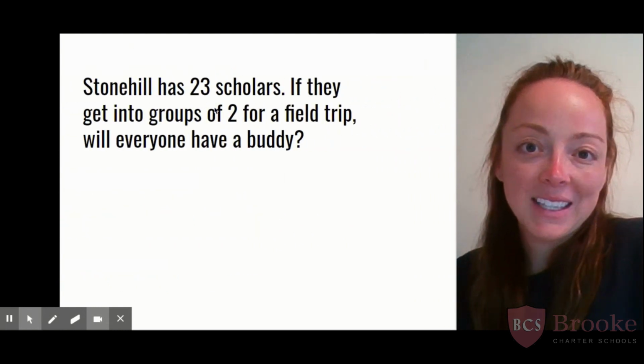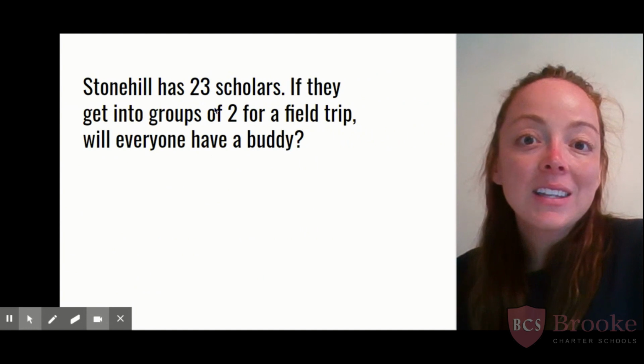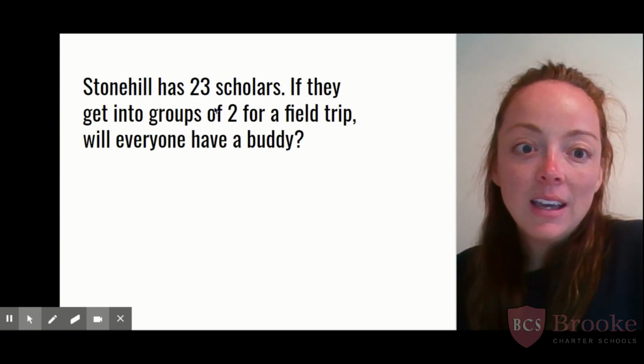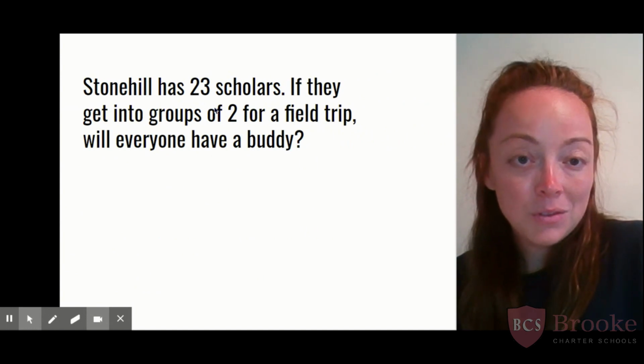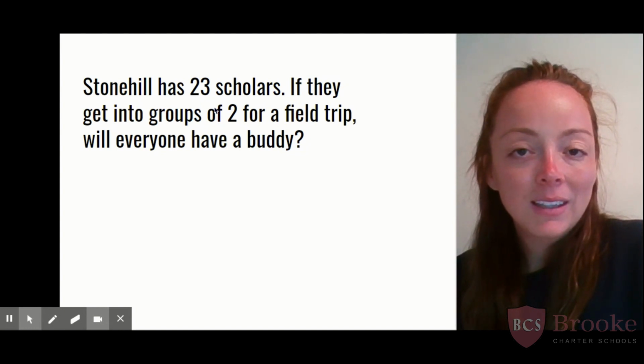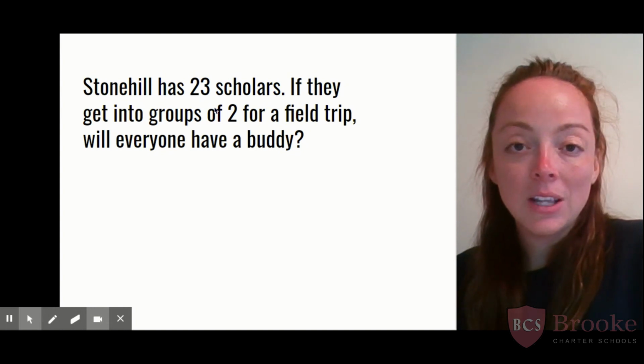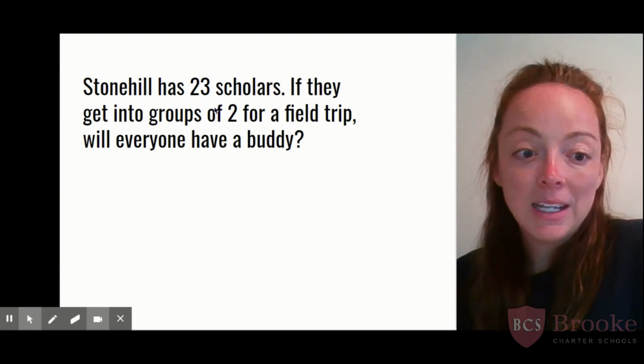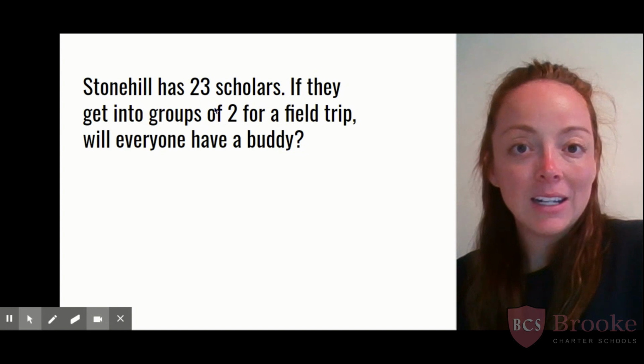Let's try another problem like this. Stonehill has 23 scholars. If they get into groups of 2 for a field trip, will everyone have a buddy? Get to work drawing a picture or thinking about the numbers, the digit in the ones place, or perhaps writing a number sentence.